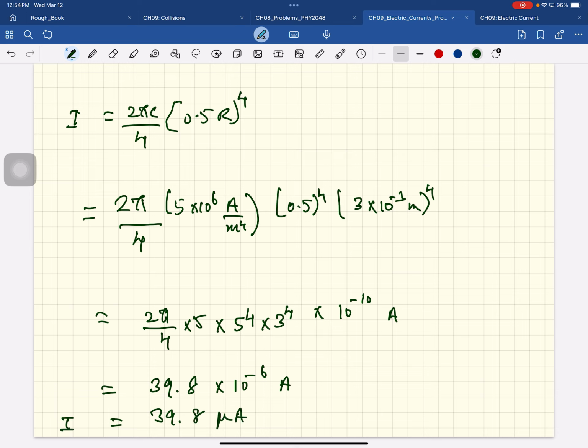Okay, so that's the current. That's the current flowing in this inner half. Will the current flowing in this outer part of the wire be more or less than this?